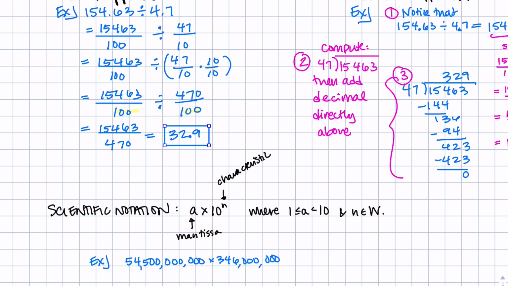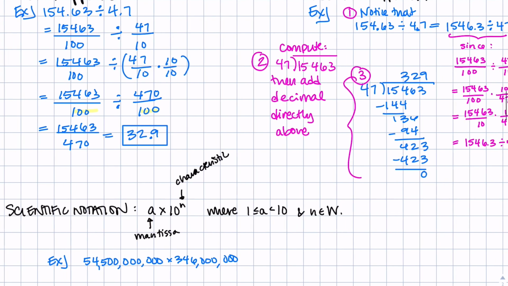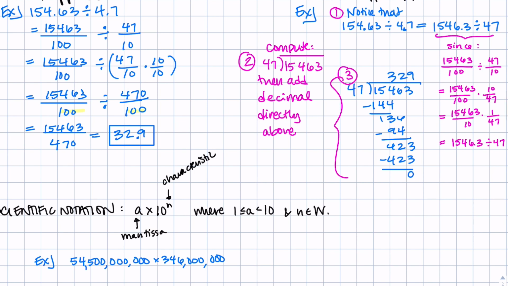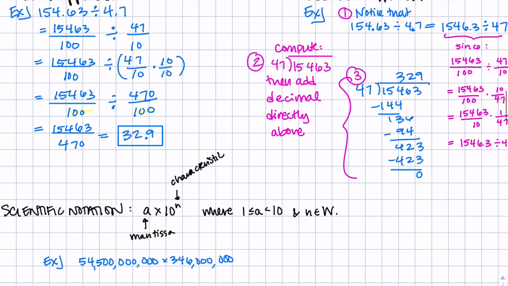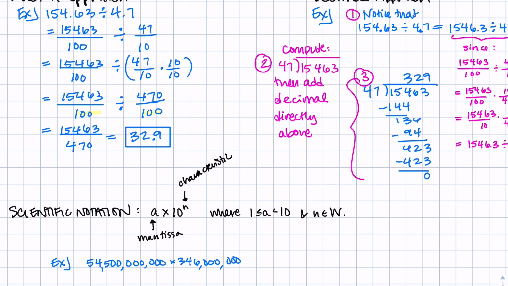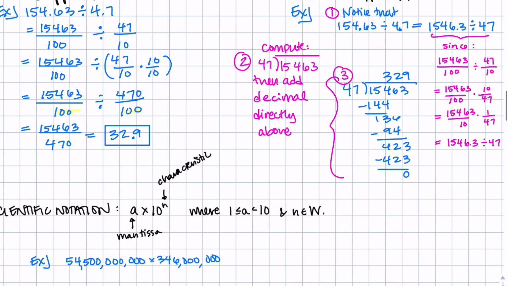It's 32.9. We could, of course, have rewritten this in powers of 10 in the denominator, but it'd just be time consuming at this point. Great, so there's our fraction approach, just turning these things into fractions and doing the division.